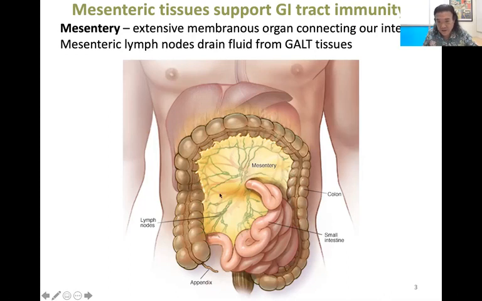Within this yellow region on the cartoon, you can see the green things are lymph vessels. And so what this shows you is how extensive the lymphoid drainage system is around your GI tract, right, around the intestines. In other words, your body is constantly monitoring what's going on inside of your intestines.